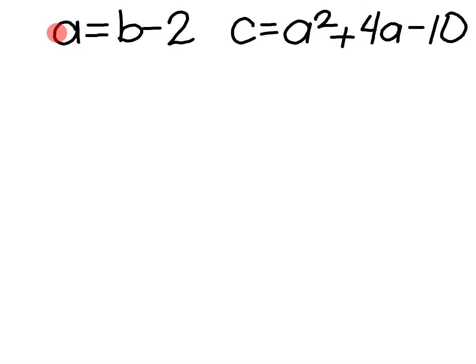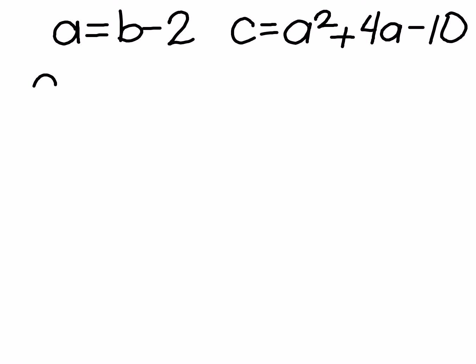I notice here that a is already solved for. If I look at a in the second equation, I can plug in b minus 2 everywhere I see a. When I plug in b minus 2, that gets rid of the a, and I only see the b part now.